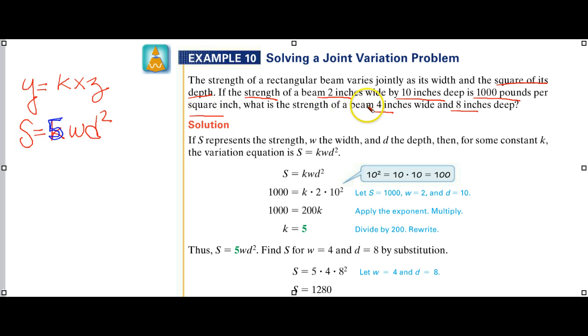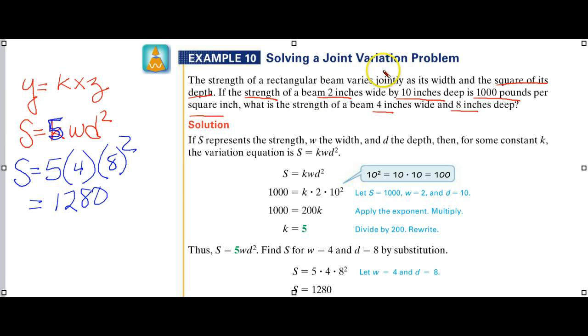And now what will it be when the beam is 4 inches for the width and 8 inches for the depth? So we don't know what S is still, but we know this is 5 now. 5 times 4, and the depth is 8 that we need to square. So we have it laid out here. This is 64 times 4 times 5 gives you 1280.